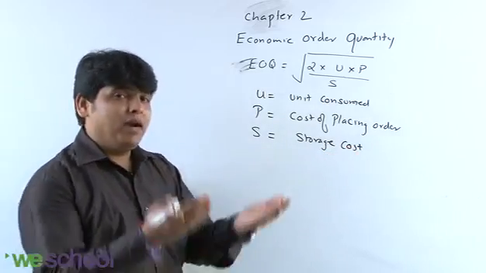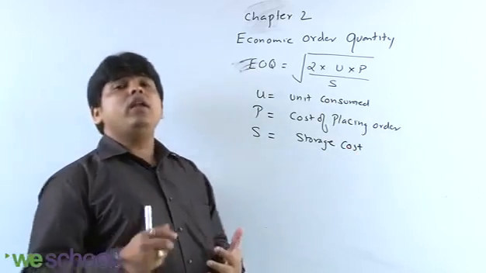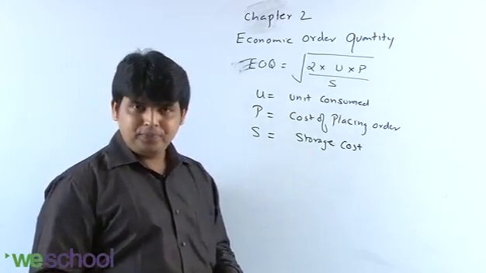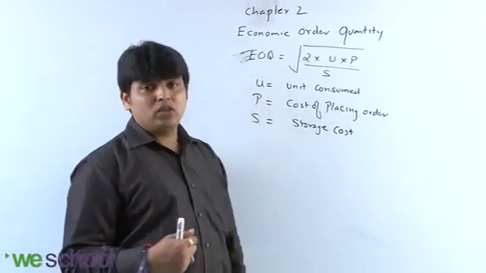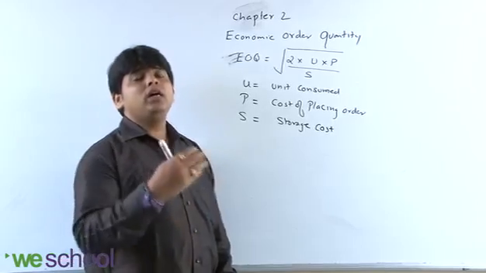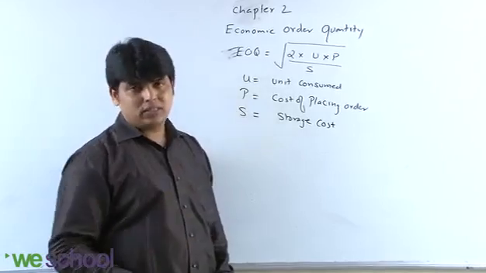Not zero, but at a minimum level. Because the main objective of inventory control technique is to minimize these two costs. So this is one of the techniques through which we can minimize this cost, and accordingly we can order the quantity so as to keep the flow of raw material continuously to the production process.